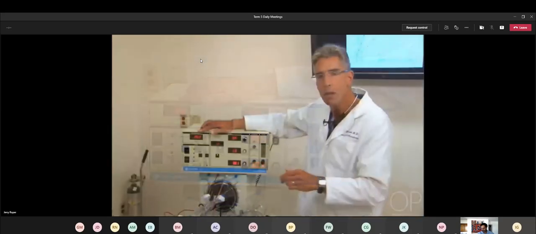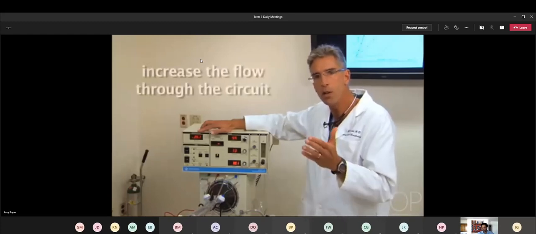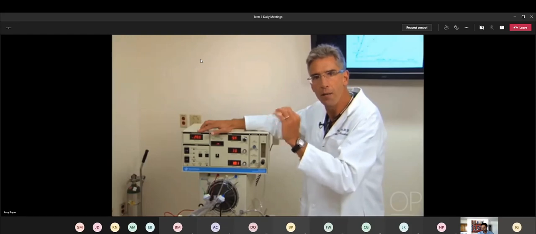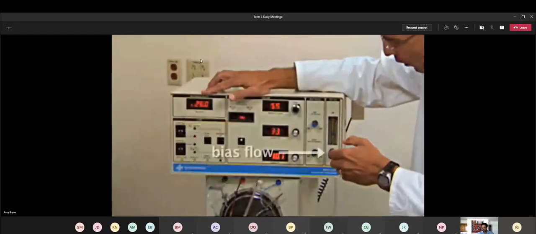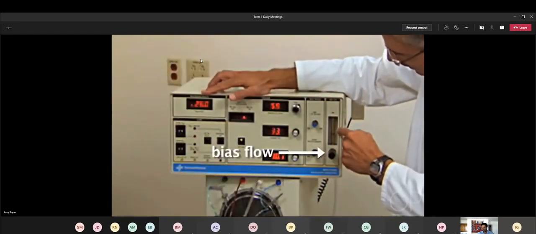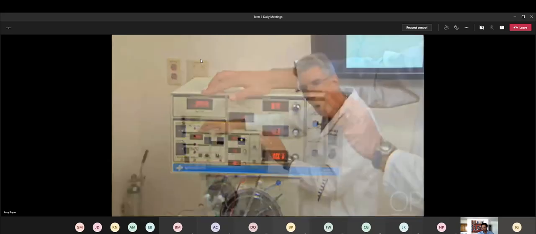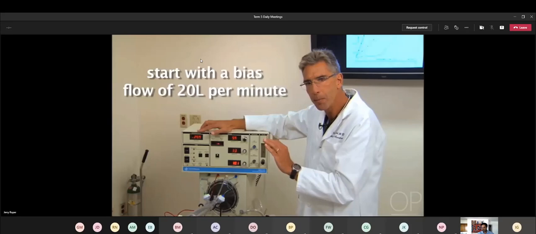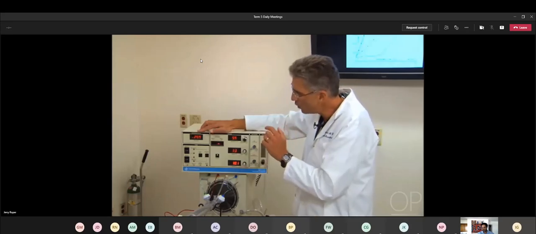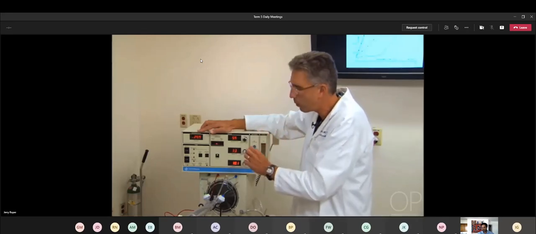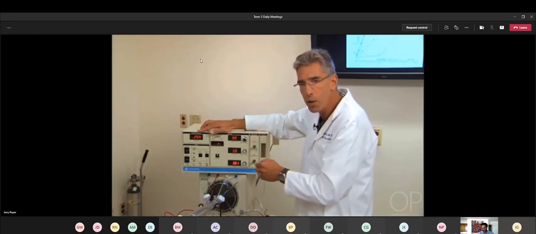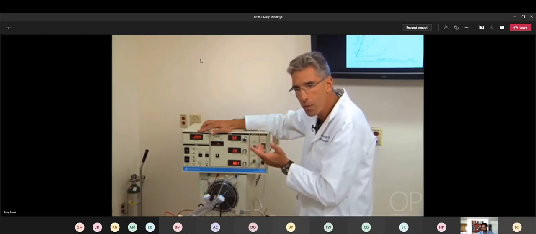And the other way to manipulate mean airway pressure is to increase the flow through the circuit, through that fixed orifice. And that's called the bias flow. And we can do that by manipulating this knob. All patients need to start with a bias flow of 20 liters per minute. Occasionally, when you've increased mean airway pressure maximally by closing the orifice, you will need to increase the bias flow to further increase the mean.